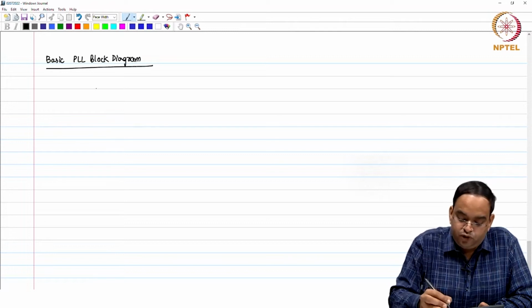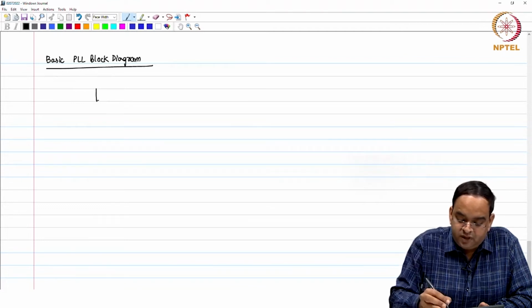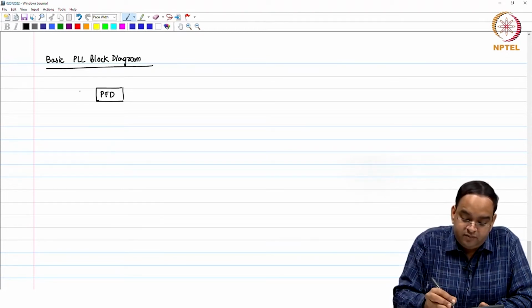Okay. So, you have PD or PFD. Now, since we know that PFD is more beneficial when we want to detect the frequency and the phase error using the same block, I will go with PFD now.